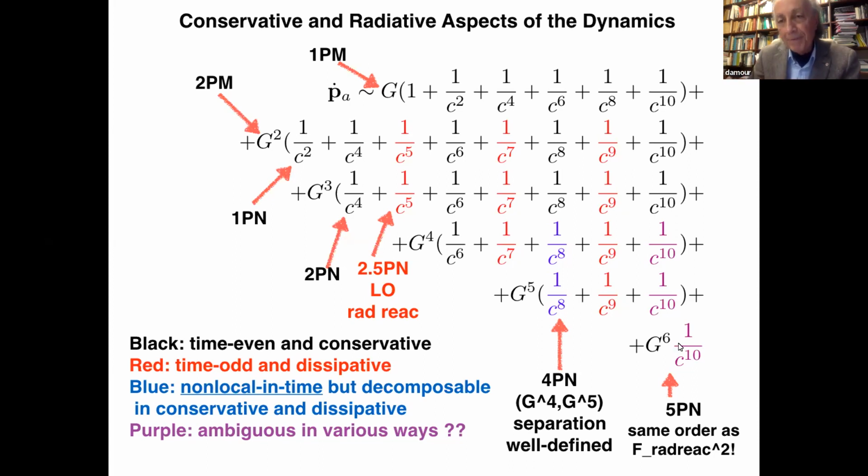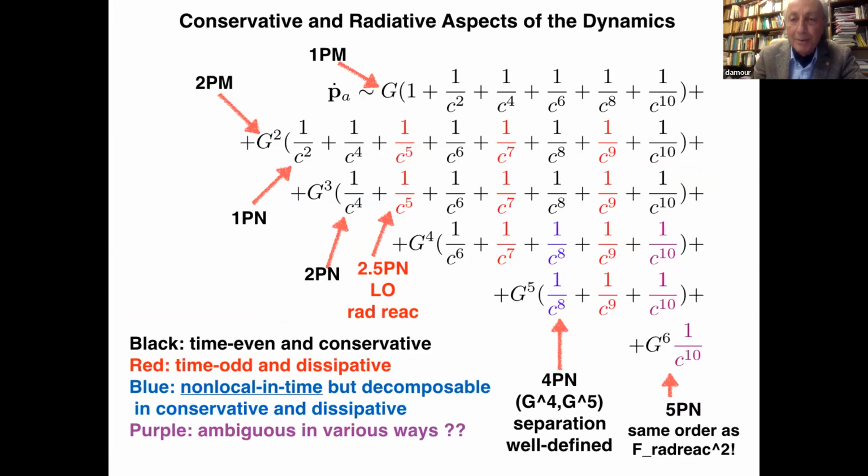And there will be further talks about that today. But there are several types of ambiguities that mean that at this level, there is no well-defined way today to separate these terms into conservative and radiation reaction types, especially for a simple reason, but this is not the main reason.